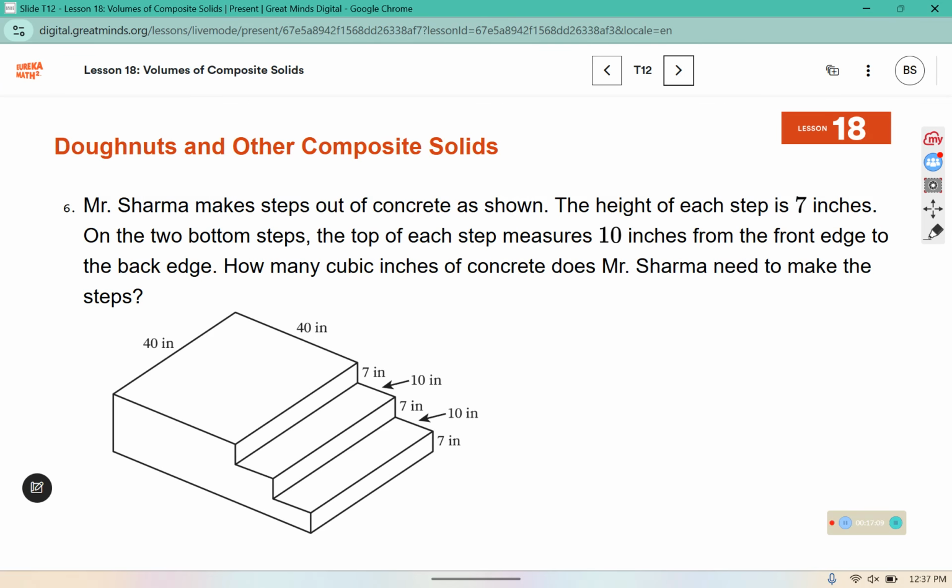Mr. Sharma makes steps out of concrete as shown. The height of each step is 7 inches. On the 2 bottom steps, the top of each step measures 10 inches from the front edge to the back edge. How many cubic inches of concrete does Mr. Sharma need to make the steps?